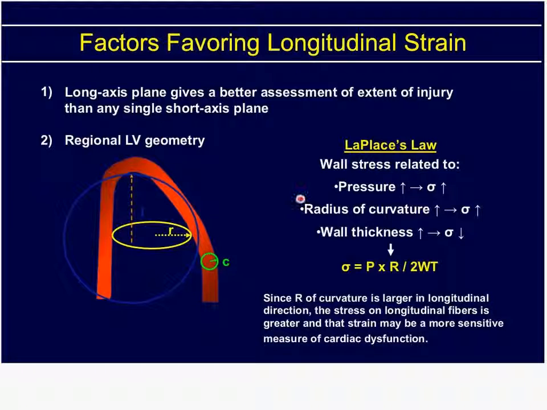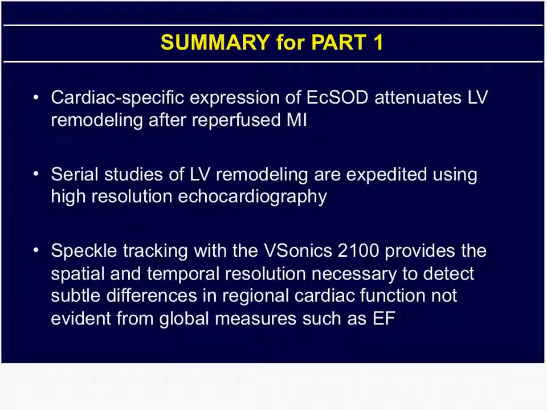But also, regional LV geometry and the radius of curvature, which is larger in the longitudinal direction, at least in the ECSOD treated mice, mean longitudinal strain may actually be a more sensitive measure of cardiac dysfunction, at least in this study.